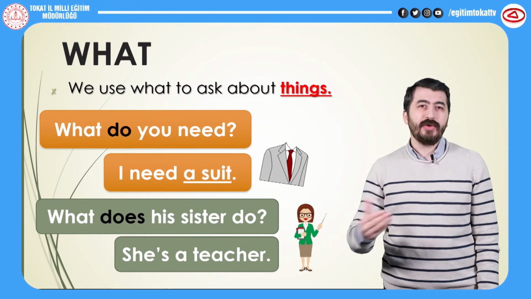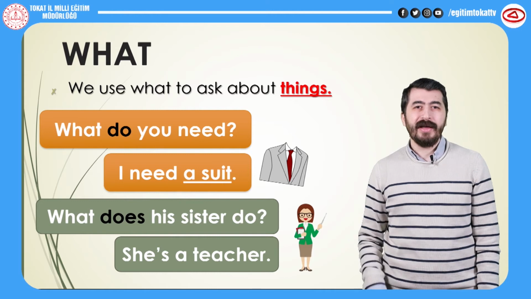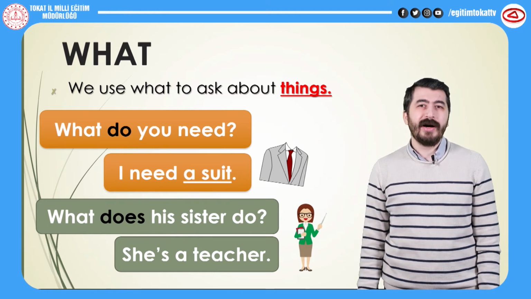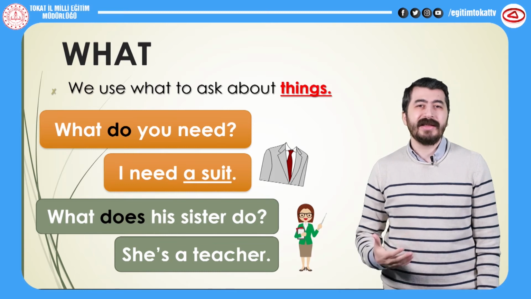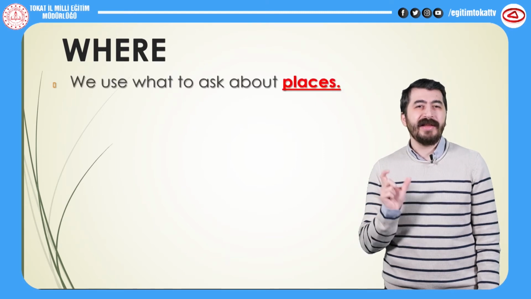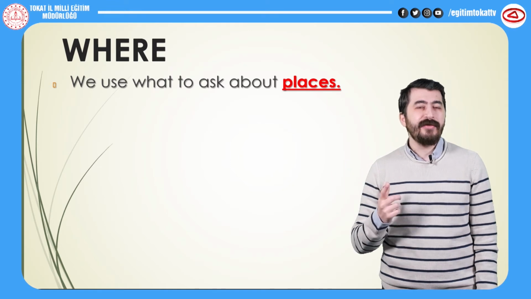And also we use what time in this unit. What time do you wake up? Okay, don't forget the what question. We use what mostly about things. Where? Remember the where question. We use where to ask about places. Where are you from?